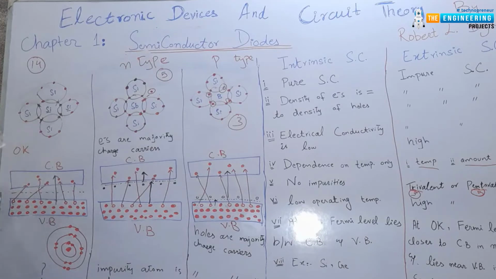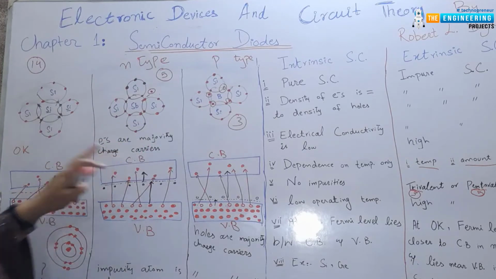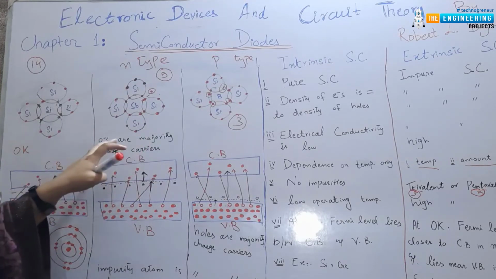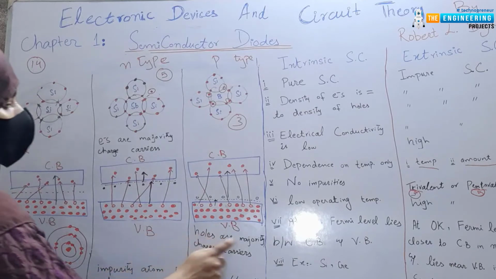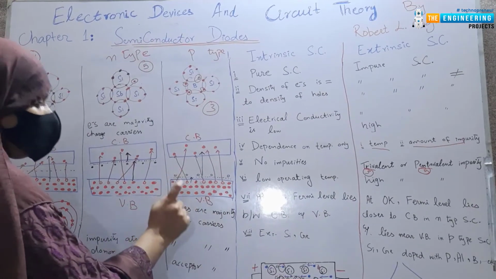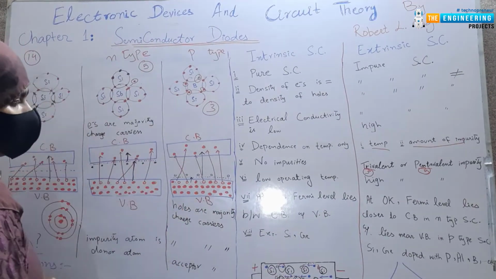In n-type material, electrons are the majority charge carriers in the conduction band. But in p-type material, holes are the majority charge carriers in the valence band, not in the conduction band.